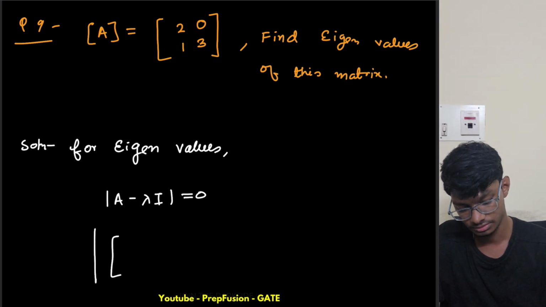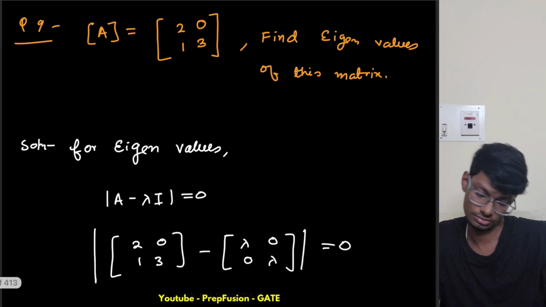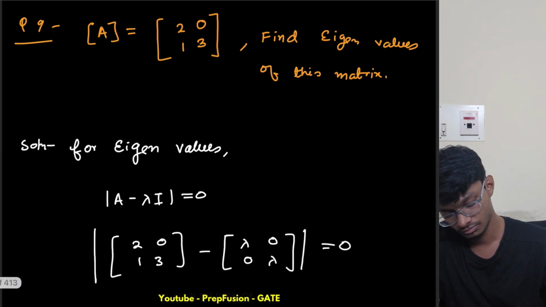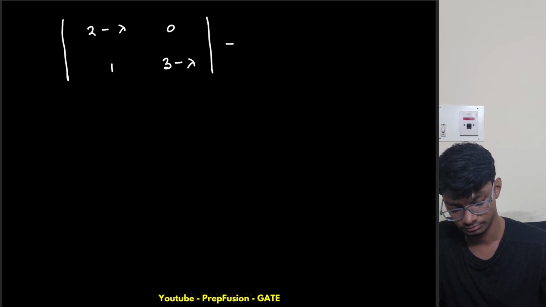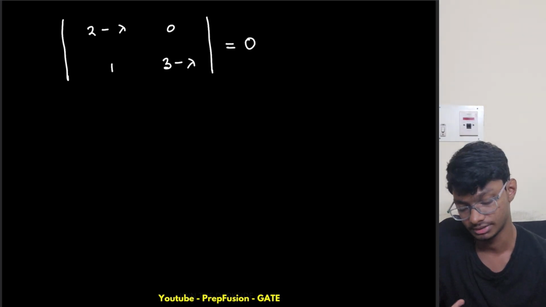A is [2 1; 0 3], and lambda I is [lambda 0; 0 lambda]. So this will become 2 minus lambda, this will become 1, this will become 0, and this will become 3 minus lambda, which is equal to 0. Let's solve this determinant.